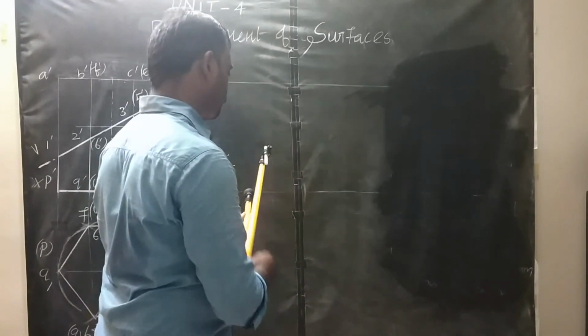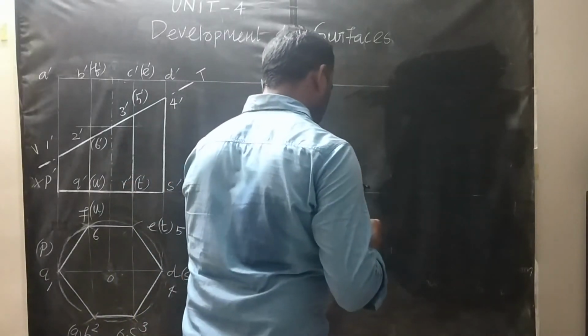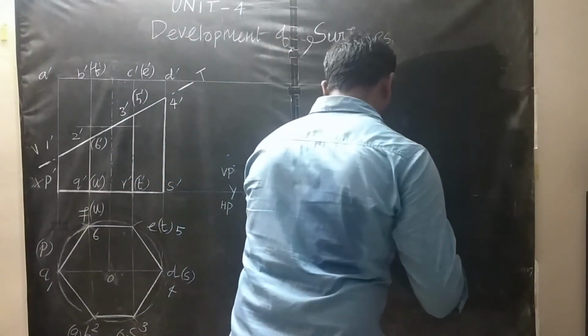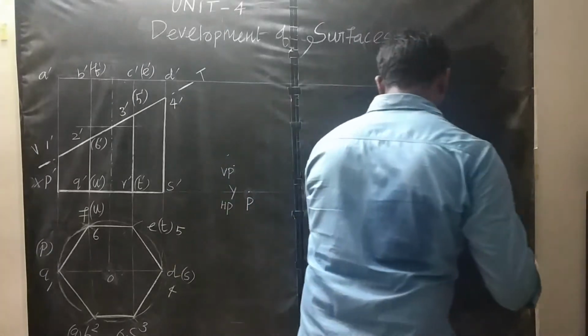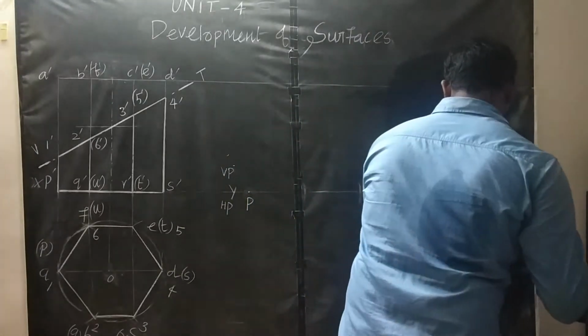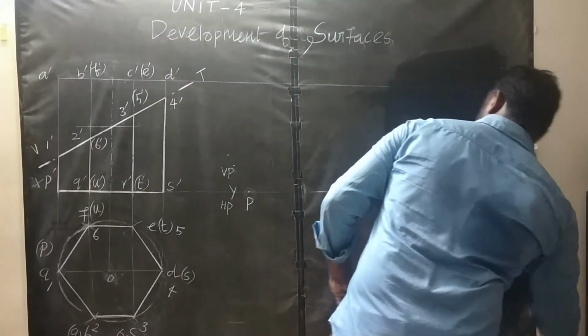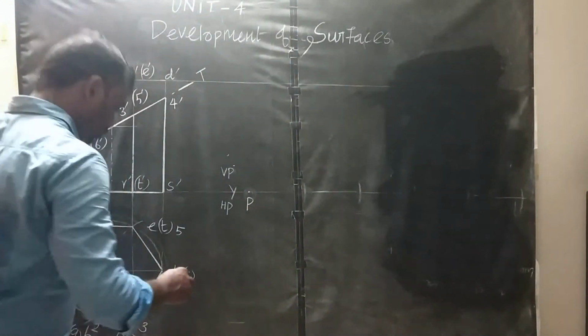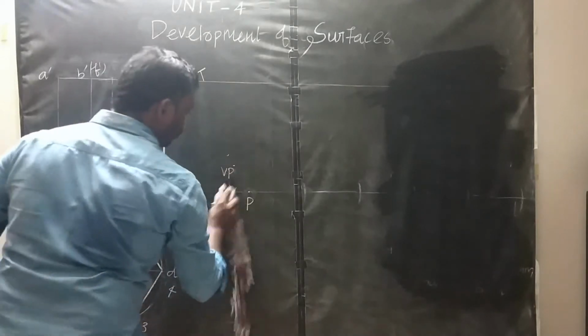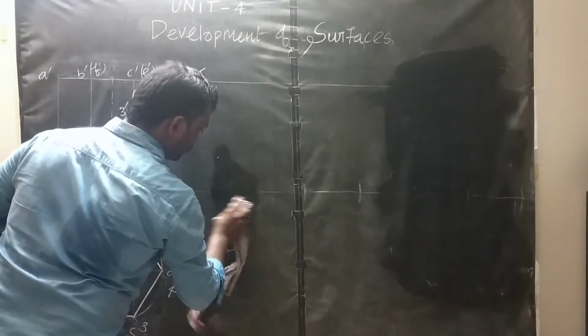1, 2, 3, 4, 5. Here we don't have a distance, so here we will take one point.